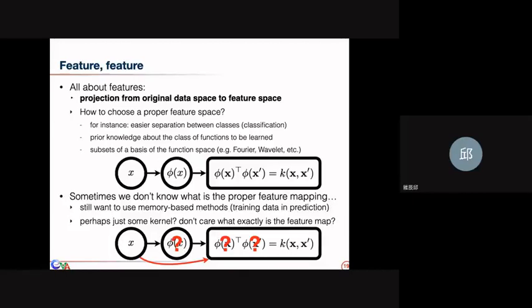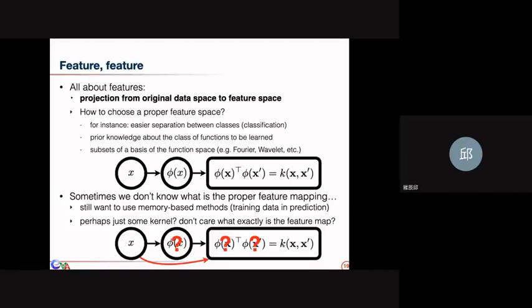Basically, the idea of the kernel is to use the inner product for computing the similarity between feature vectors.